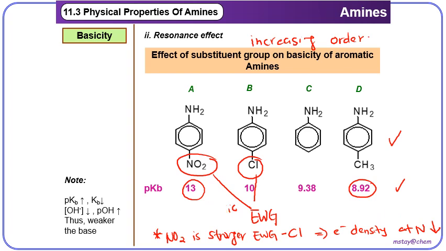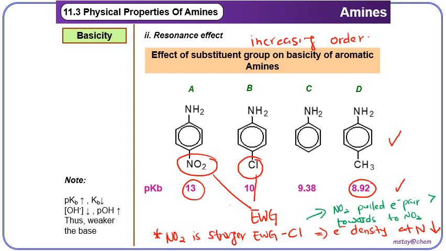Why does it decrease? Let's erase this one first. The electron density at nitrogen is decreasing because NO2 is stronger, so it will pull the lone pair of electrons more towards NO2 and make the electron density at nitrogen decrease.